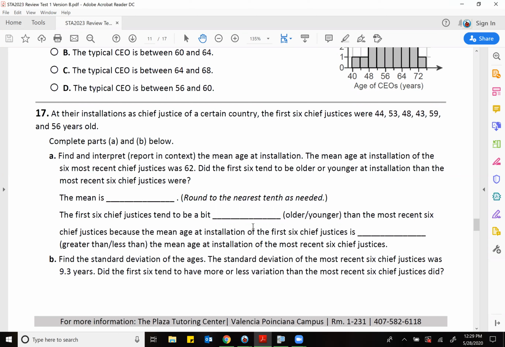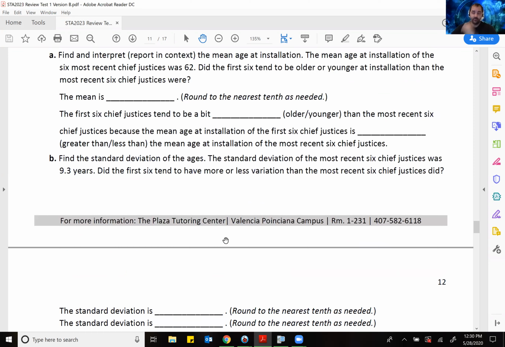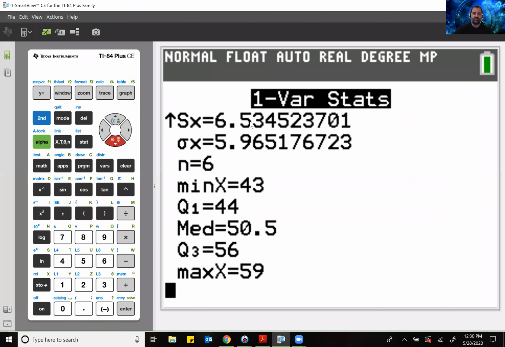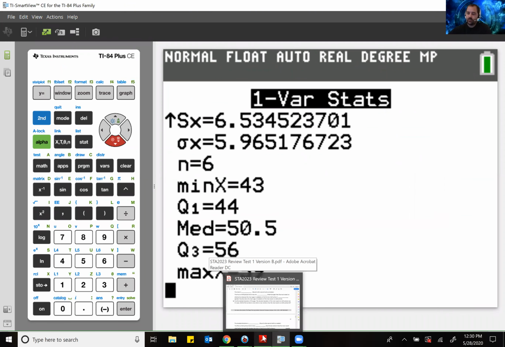All right, part B says, find the standard deviation. Okay. So we can go look at that. Again, we have our calculator. You already told me that the standard deviation was this one. And let's get what they want us to round to.